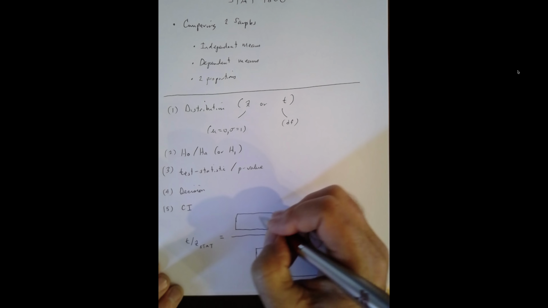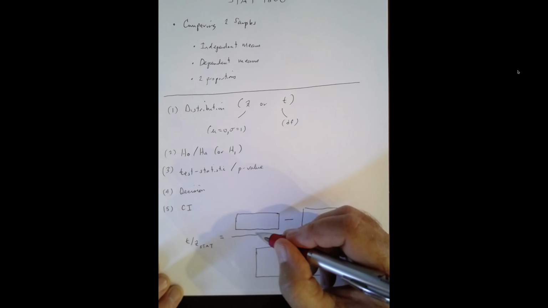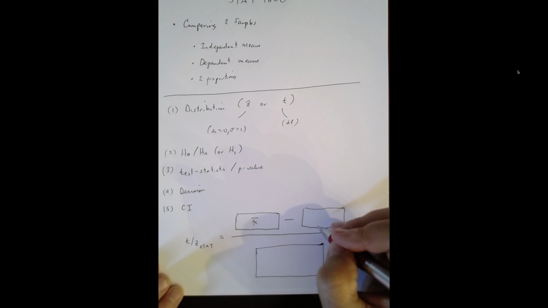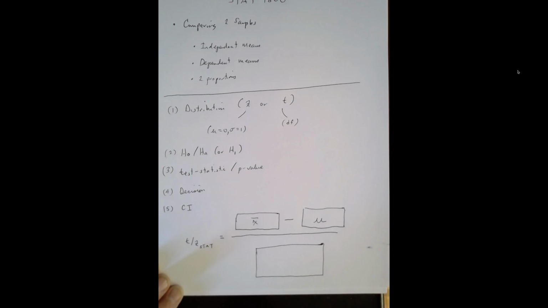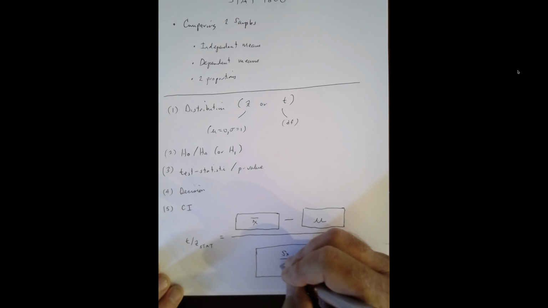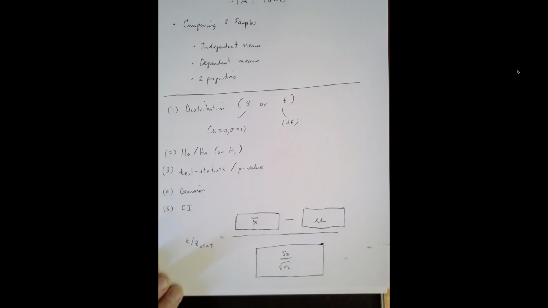Now, what usually goes here, if we're conducting a test of hypothesis for a mean, is the sample mean right there. We're going to have the value of mu that's being tested in H sub O, and then we're going to have our standard error, which is Sx over the square root of n, if the population standard deviation is unknown.